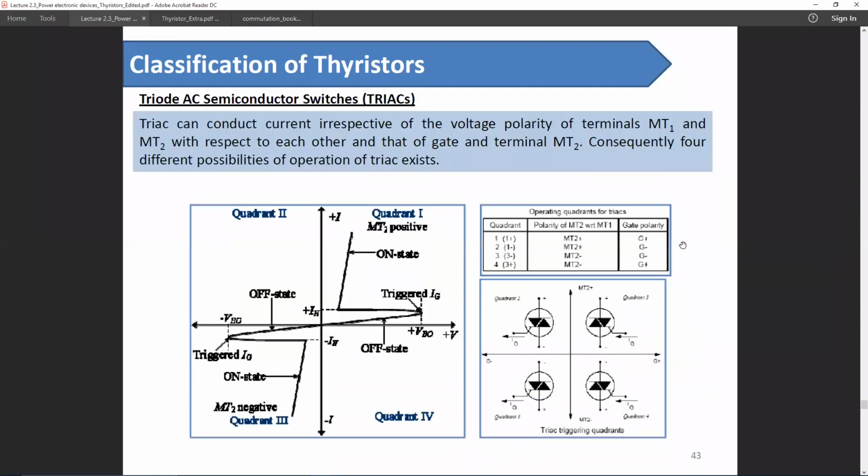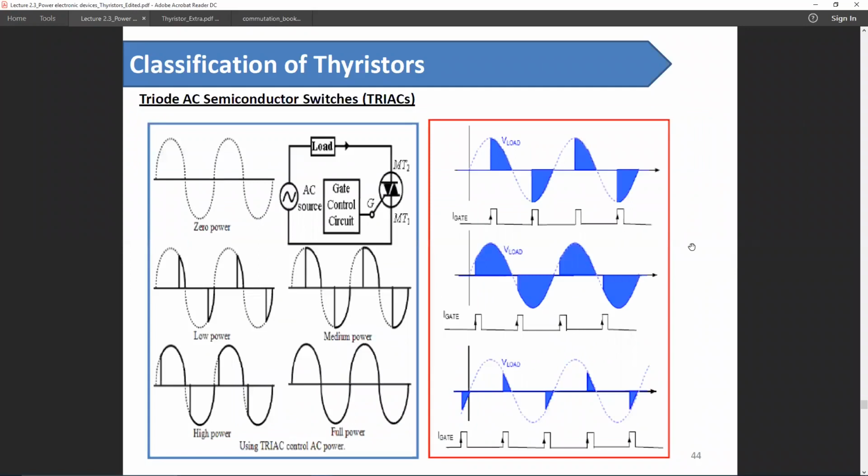And if we control the thyristor, or this triac, by gate signal, we can have something like this waveform. So the DC value of this waveform is still 0, but there will be an RMS value. And this RMS value will vary according to the area under the curve.